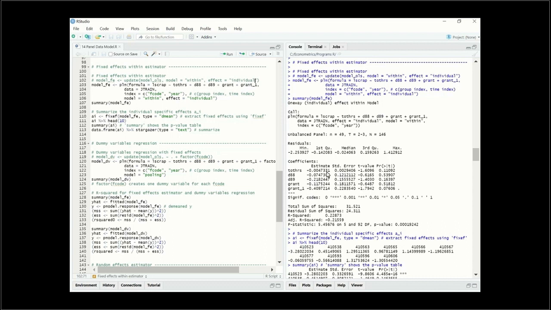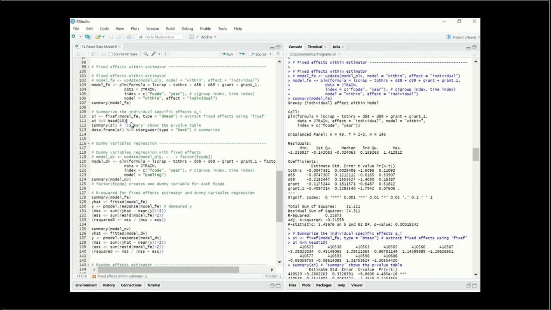A very important thing in this within estimator is that we use these individual specific effects. If we want to summarize these individual specific effects, a_i, we're going to call the fixed effects function. We give it the model, the fixed effects results, and here we're going to use type equals dmean. This extracts the fixed effects using the fixed effects function, an element of the results for the fixed effects model.